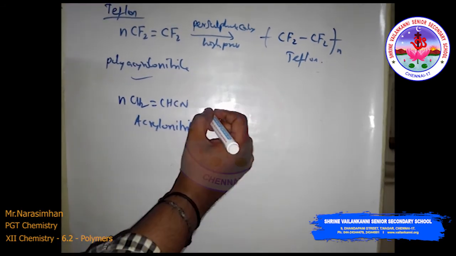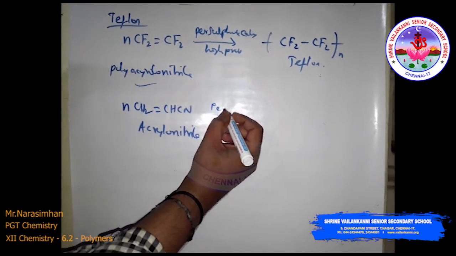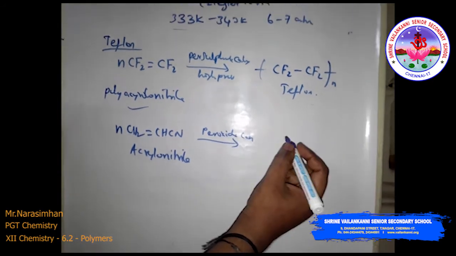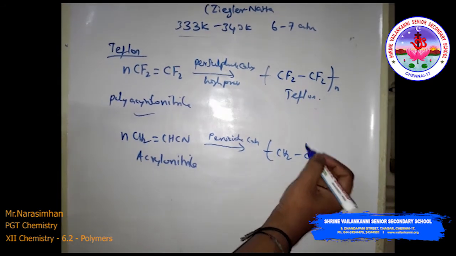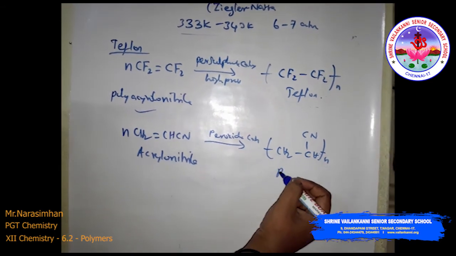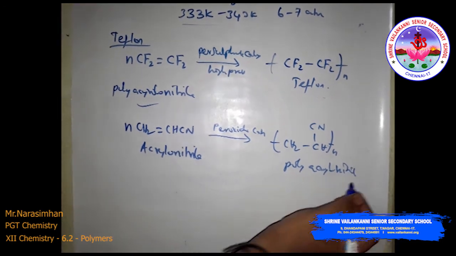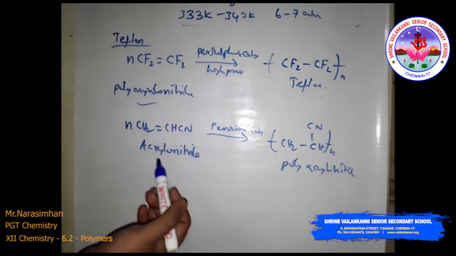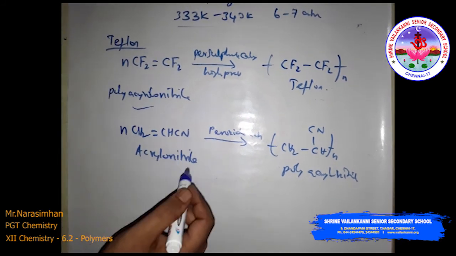The acrylonitrile undergoes a polymerization process using a peroxide catalyst to form polyacrylonitrile, that is CH2 CH with CN. That is called polyacrylonitrile. This is used as a substitute for wool in making commercial fibers like Orlon or Acrilan. So these are the uses of polyacrylonitrile.